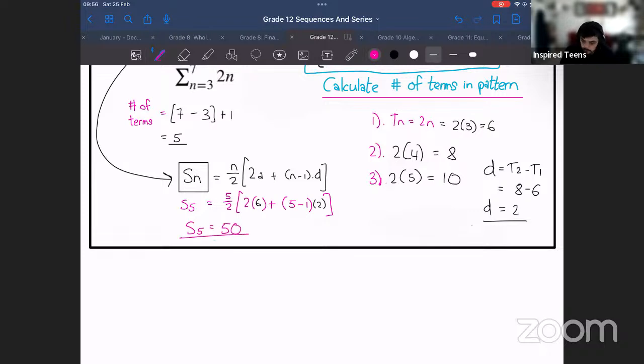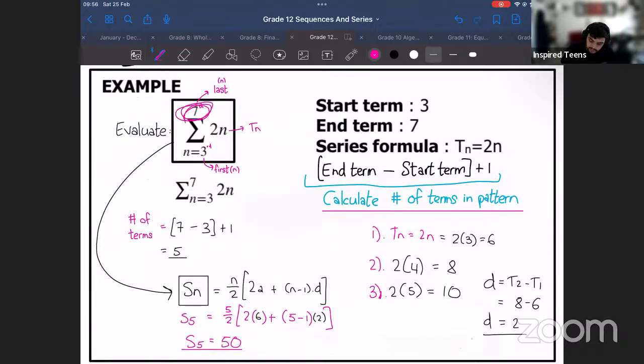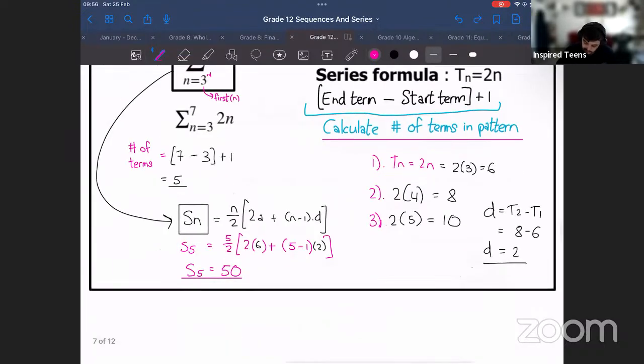For those of you who are doing it with me, just confirm that that is correct. What you could also do is calculate the value of the last term, substituting n as 7, and then use the Sn formula with a plus L, if you'd like to use the last term. But I'm pretty sure it is correct.